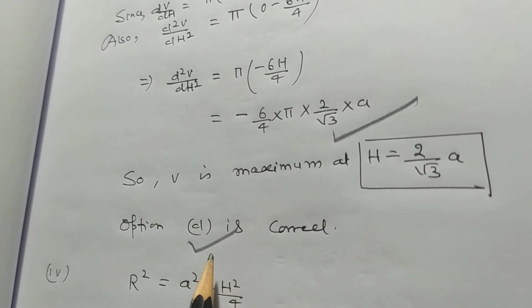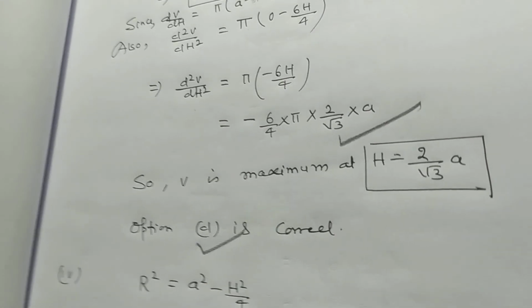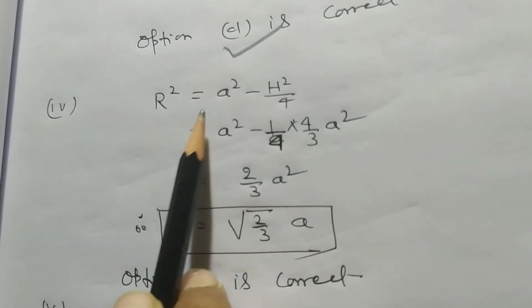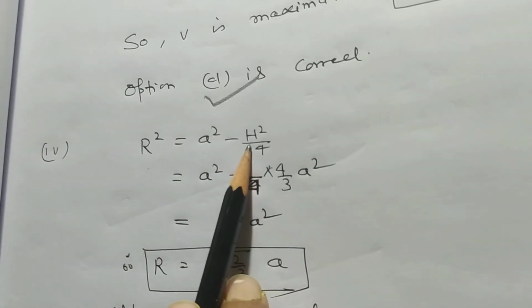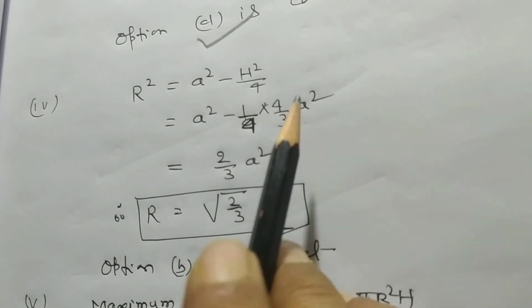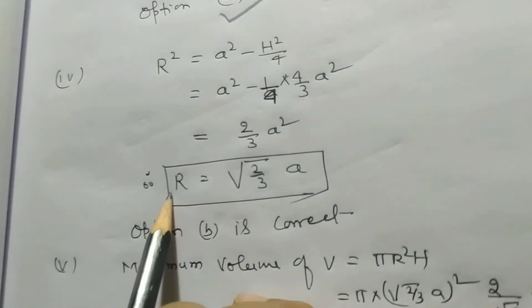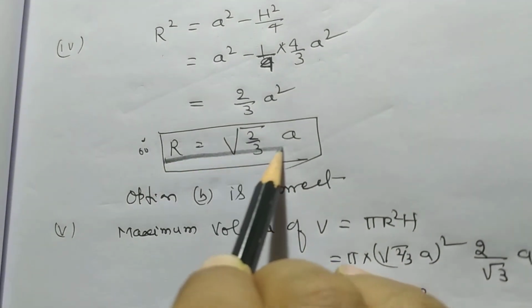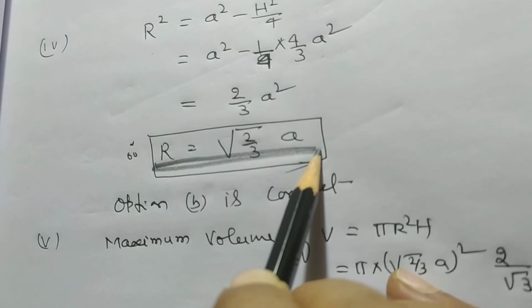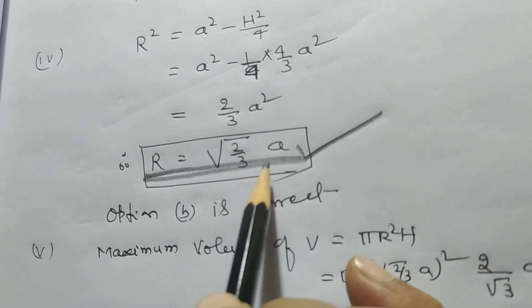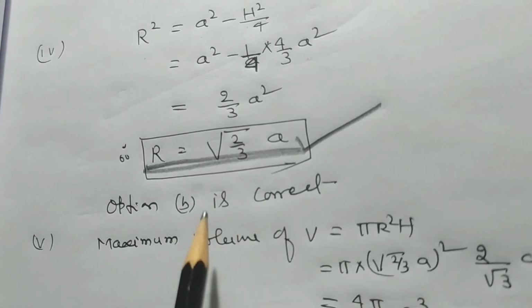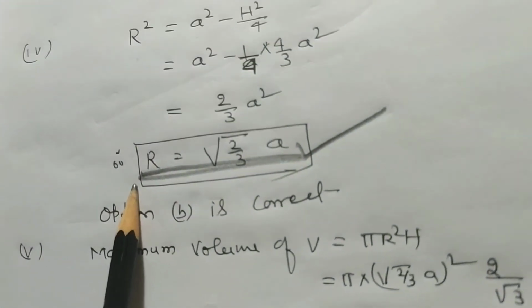Now capital R square is equal to A square minus H square by 4, and we have already determined H is equal to 2 by root 3 A. So the radius of the cylinder is root 2 by 3 times the radius of the sphere.